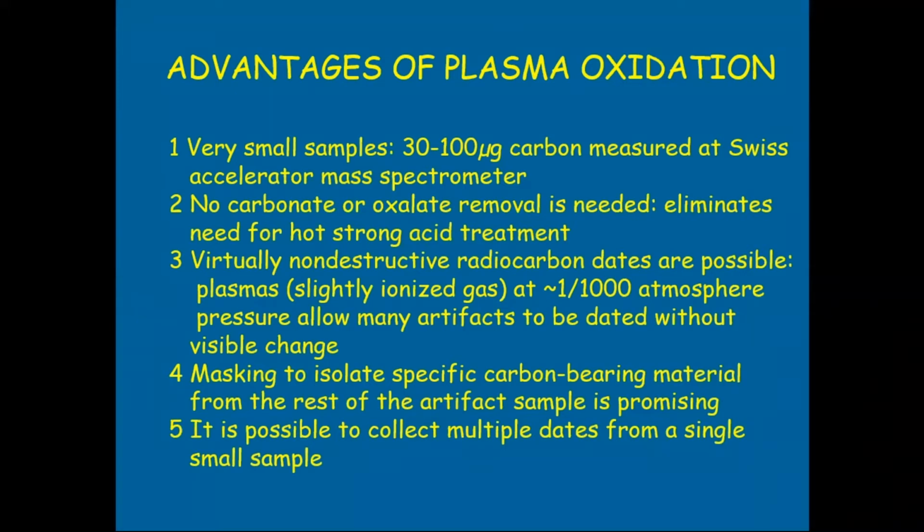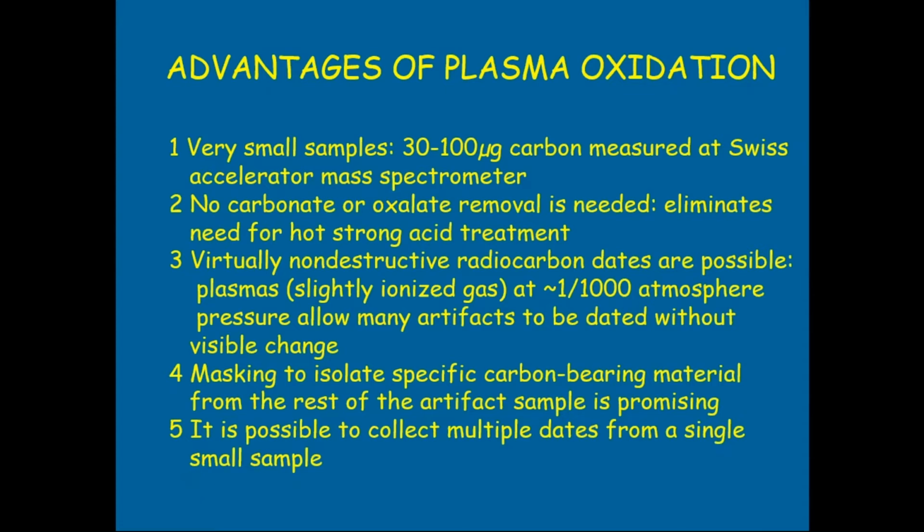Typically, about 2/3 of the sample is reacted away by this hot acid treatment. We can, under certain circumstances, do virtually non-destructive radiocarbon dates. Plasmas are able to react with the artifact in many, many cases without any visible change to the artifact.